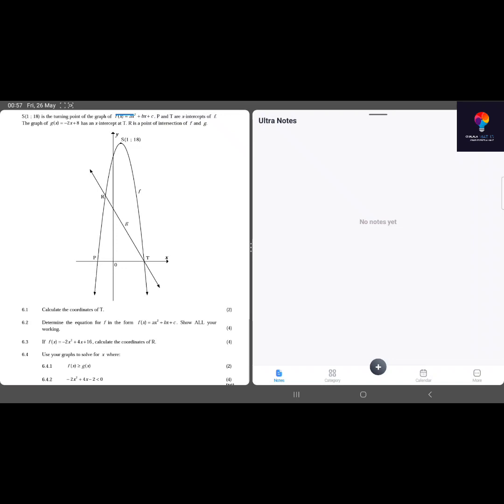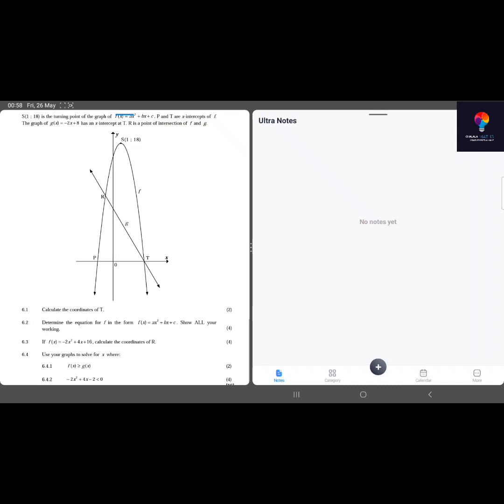As you can see, question 6 has a parabola and a straight line. The statement says that S, with x coordinate and y coordinate of 1 and 18, is the turning point of the graph of f of x, which is equal to ax squared plus bx plus c.